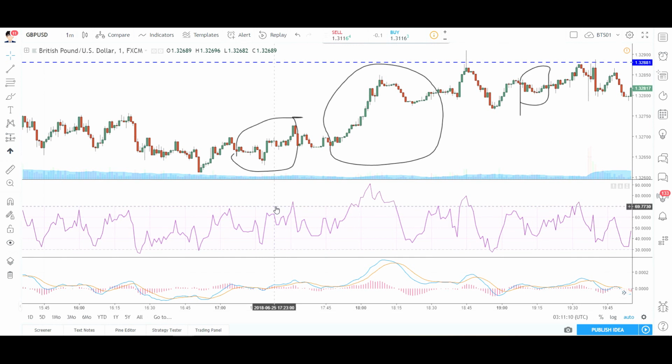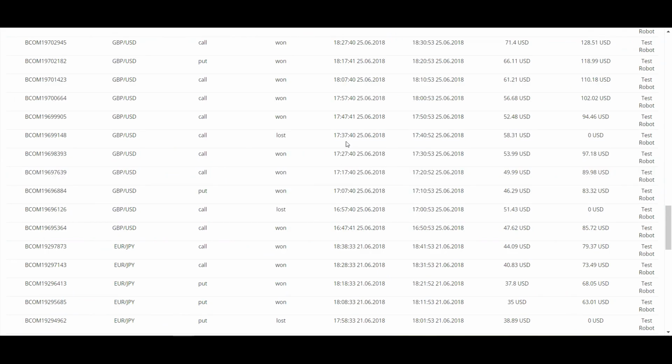So if it's below 30 or over 70 we have a higher chance. But in this sample it doesn't really point out much, except for this point here at about 5:30. It did go to the overbought region.